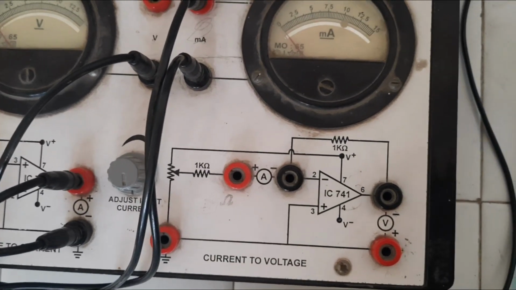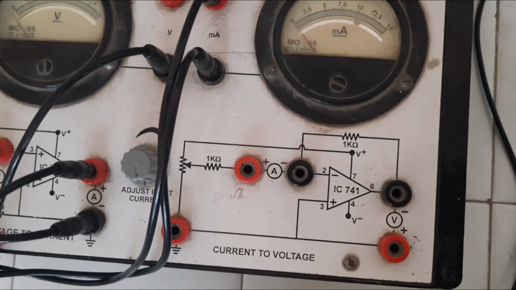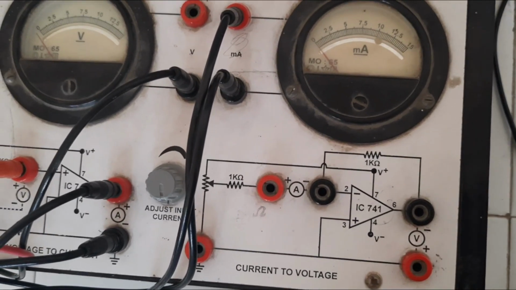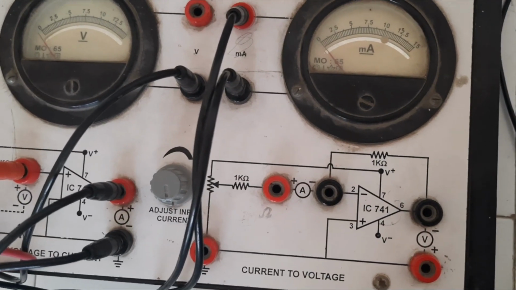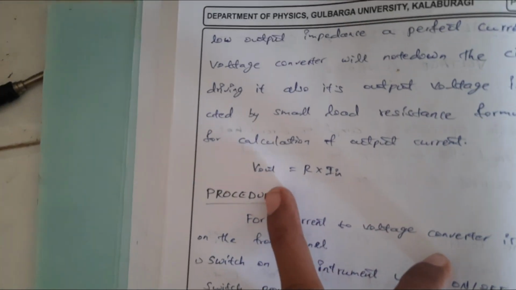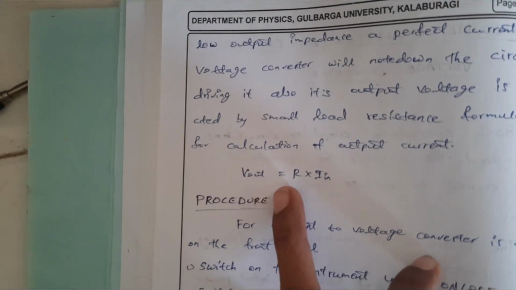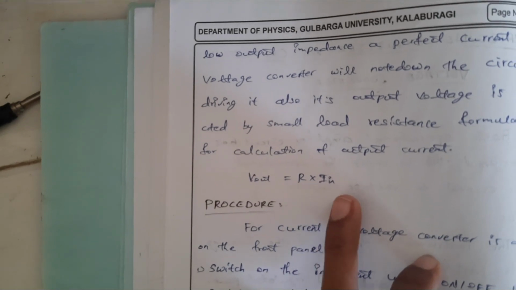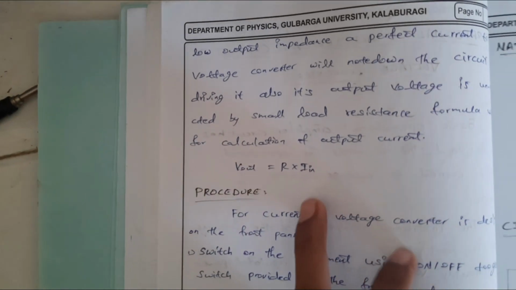The input impedance is low and the output impedance is also low. The formula to calculate the output voltage is equal to resistance into input current.